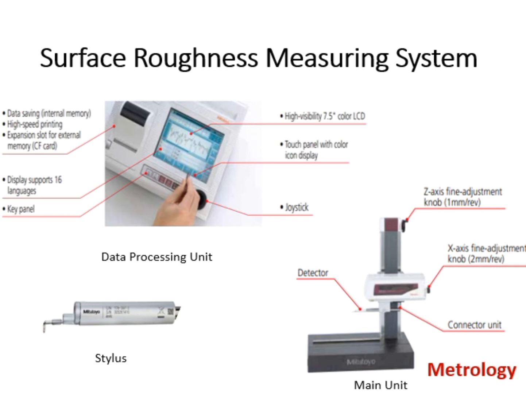At the edge of the detector unit, you can see a small pin-shaped object called the stylus. When measurements are taken, the stylus moves along the surface and tracks the surface peaks and valleys, and its vertical motion is converted to a time varying electrical signal that represents the surface profile.